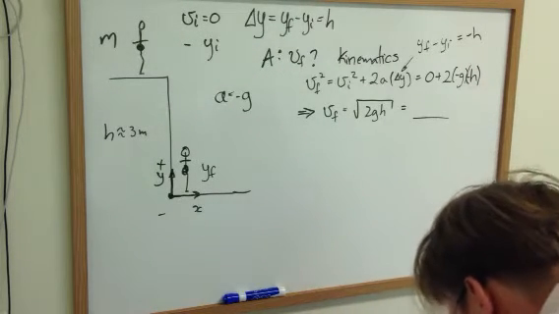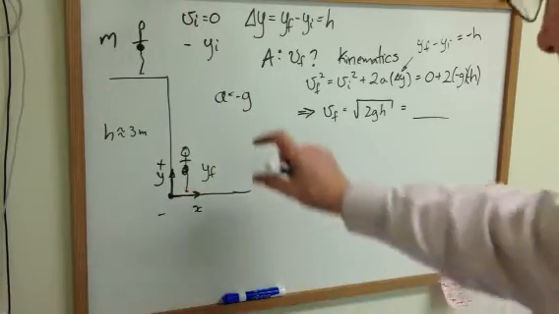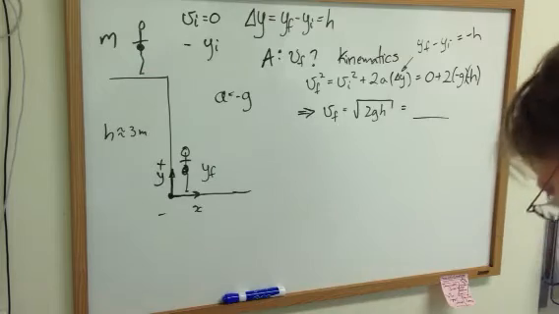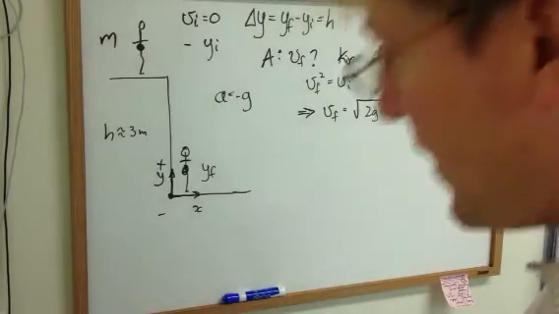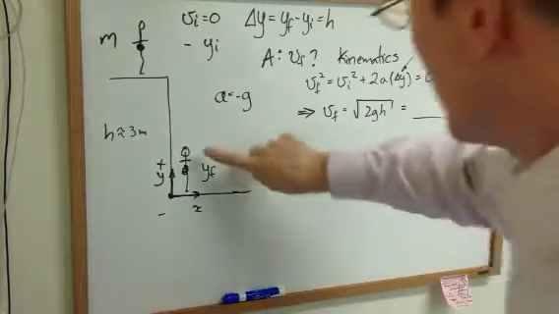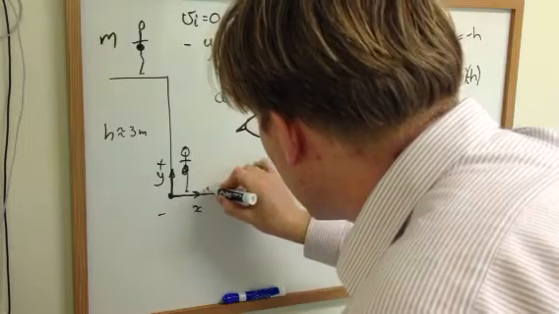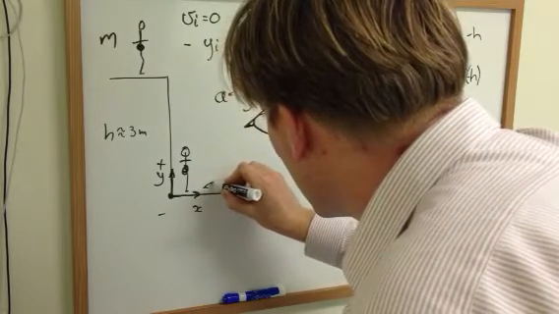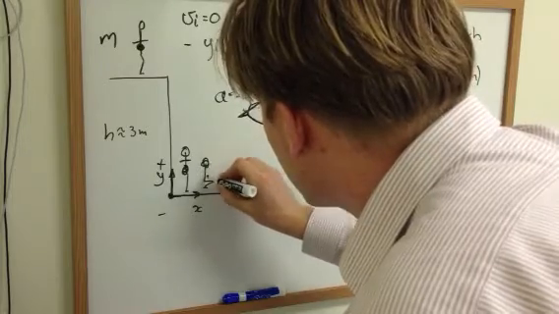Now, it also says that after his feet touch, he moves an additional 0.6 meters. That's about another 2 feet downwards. And why does that happen? That happens because his legs collapse down.